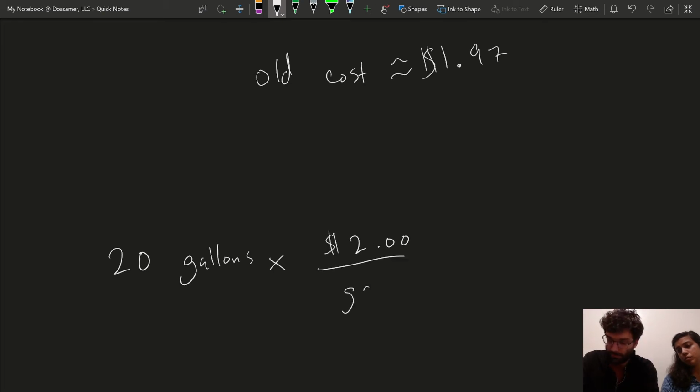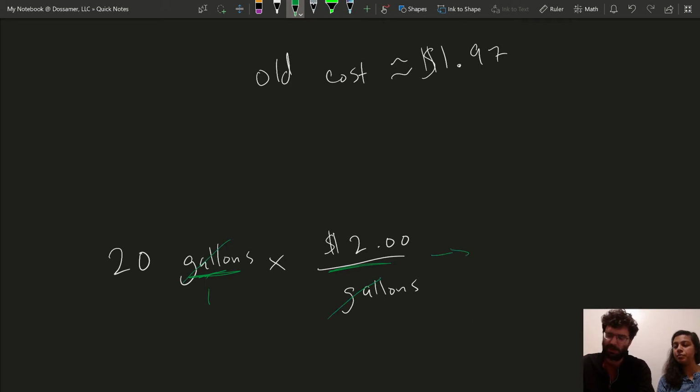And the thing is, that fraction, that ratio that we found, represents a linear relation between gallons and dollars. So 20 gallons times our cost, in this case we could say $2 per gallon.